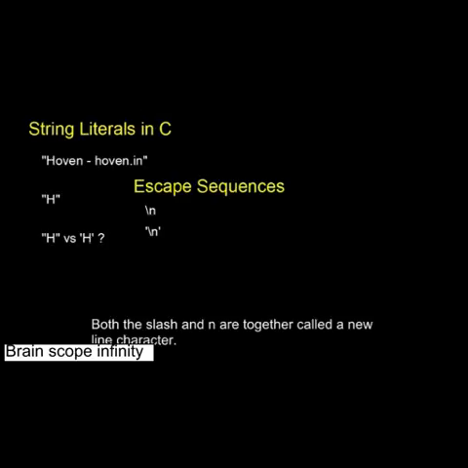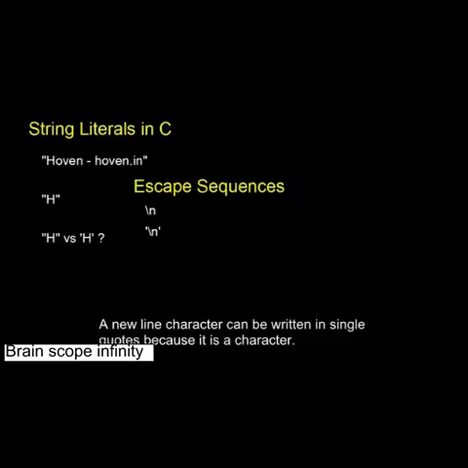Both the slash and n together are called a new line character. Even though they are two characters, when written together, they become one. They are called the new line character. A new line character can be written in single quotes because it is a character.